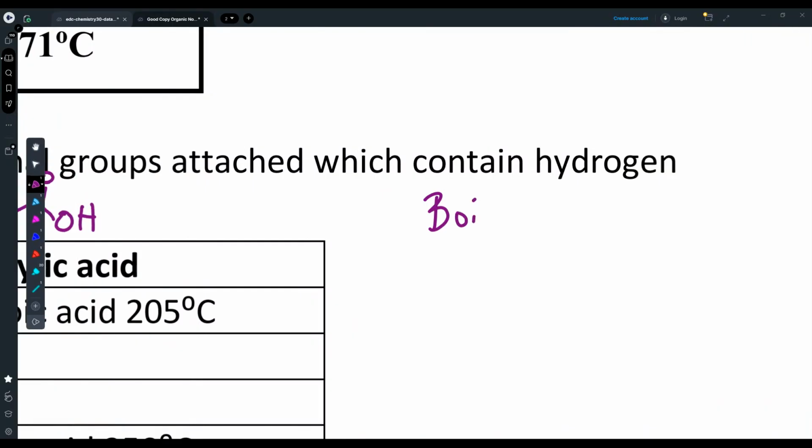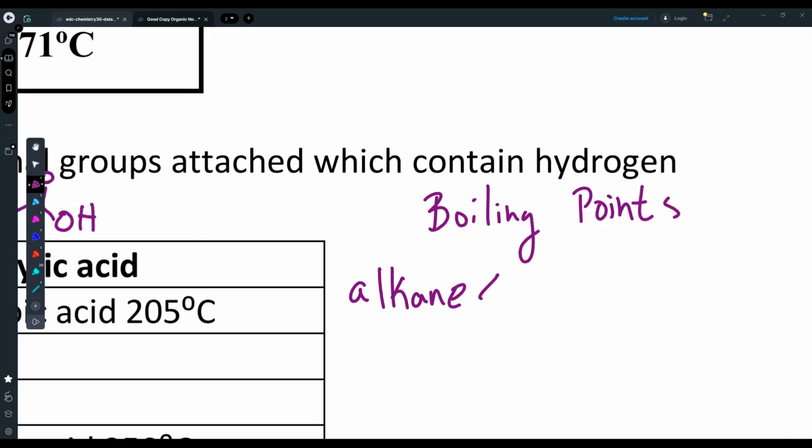For boiling points, an alkane has a lower boiling point than an alcohol, which has a lower boiling point than a carboxylic acid. This assumes that you are comparing these different functional groups with the same number of carbons in each compound.